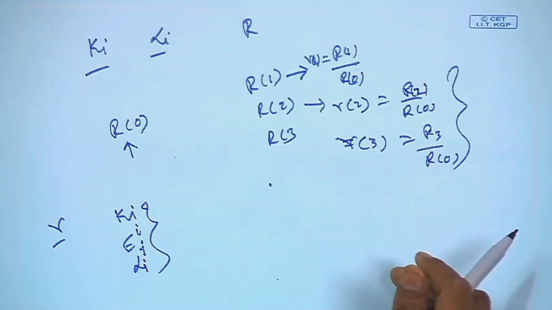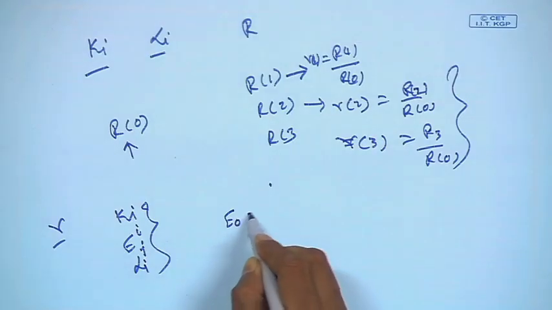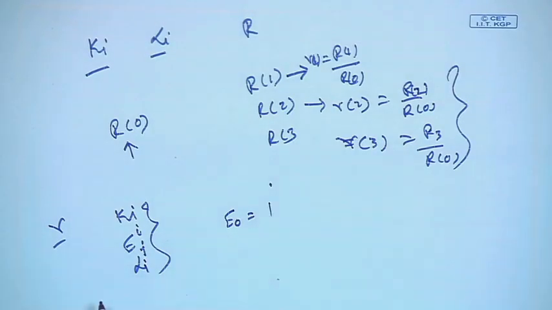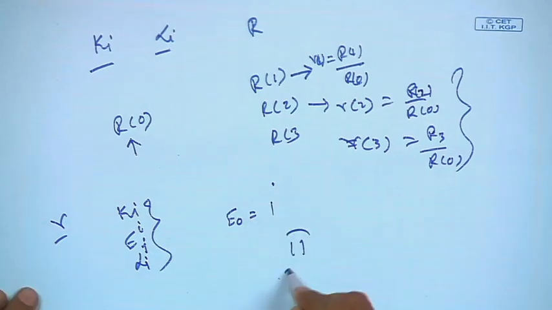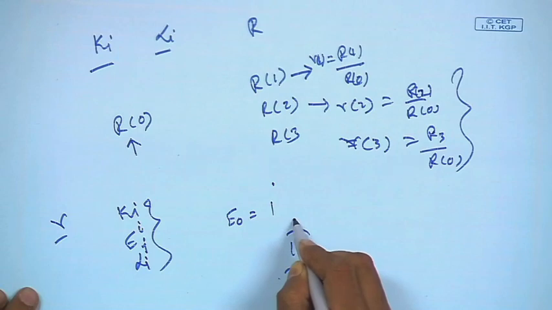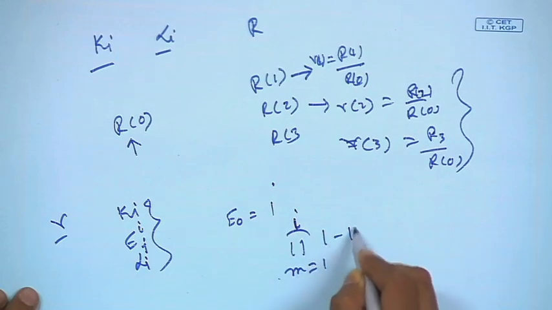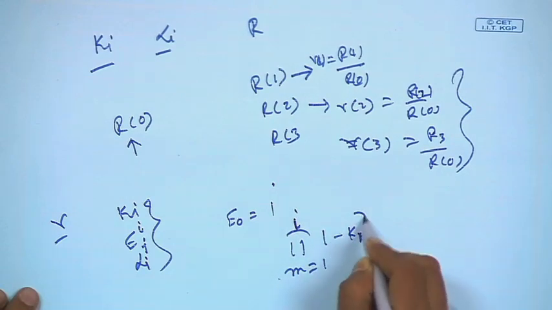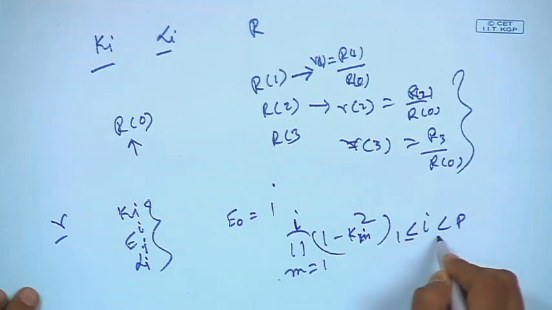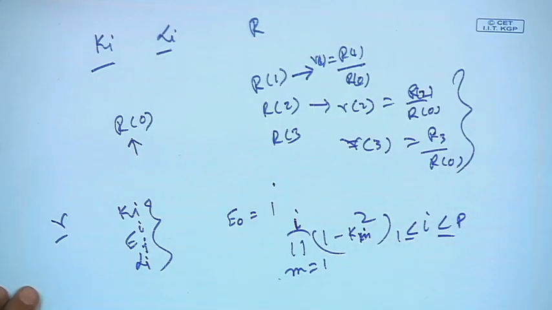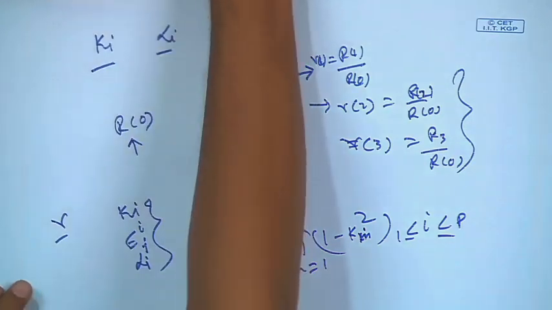What is the normalized prediction error? If it is normalized, then the prediction error E0 is equal to 1, because it is R0 by R0. So, it is nothing but the product over m equal to 1 to p of 1 minus km square. Okay. So, this is a normalized autocorrelation.